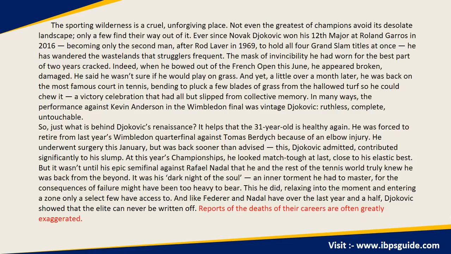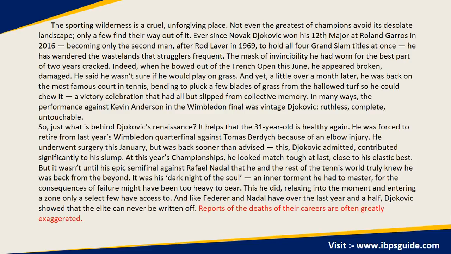Okay, so let's take a look at the passage one last time. "And like Federer and Nadal have over the last year and a half, Djokovic showed that the elite can never be written off. Reports of the deaths of their careers are often greatly exaggerated." So in this entire passage, they talked about how Djokovic was very successful for a period of time. And after that, when he quit the French Open, he was really struggling.